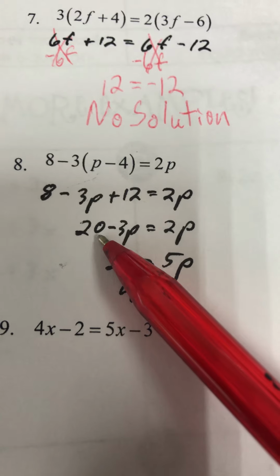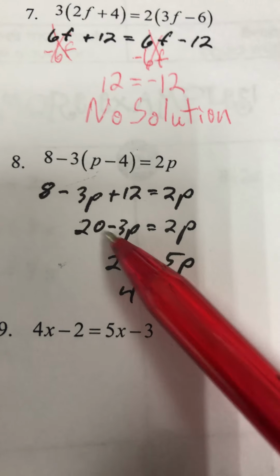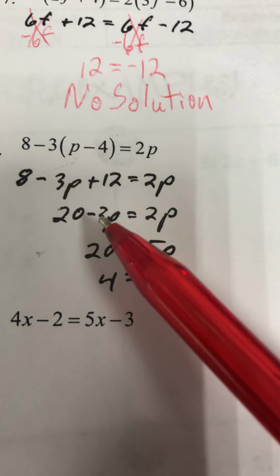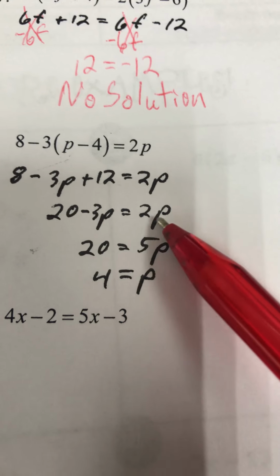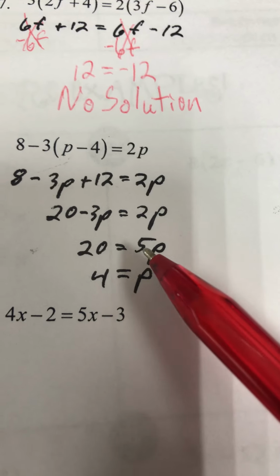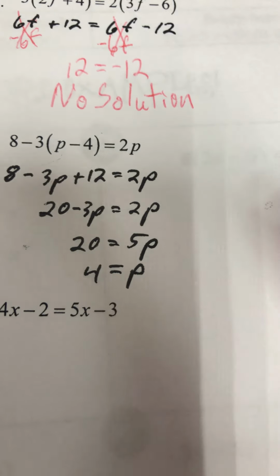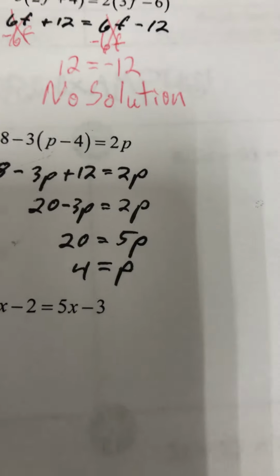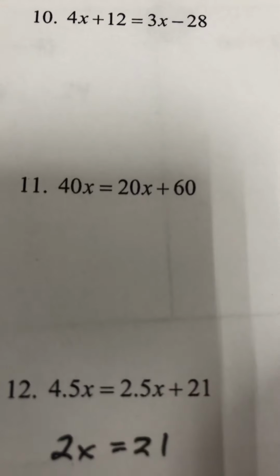The 8 plus 12 gives me 20. And then I had 20 minus 3p minus 2p. And then I added 3p to both sides, and I get 20 equals 5p. And then divide both sides by 5, 20 divided by 5 is 4. 4 equals p. Go ahead and try 9, 10, 11 on your own.